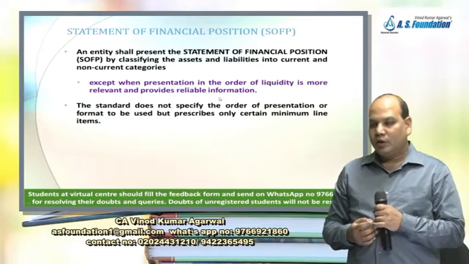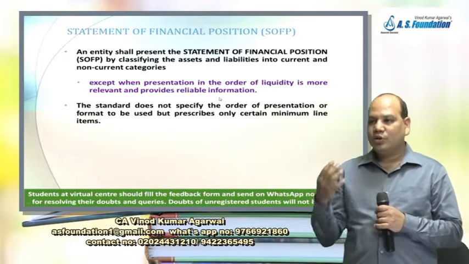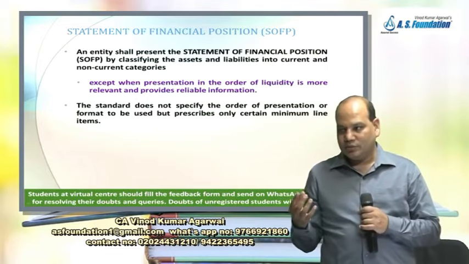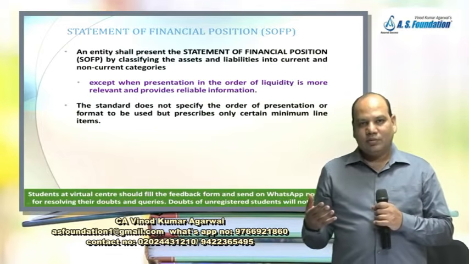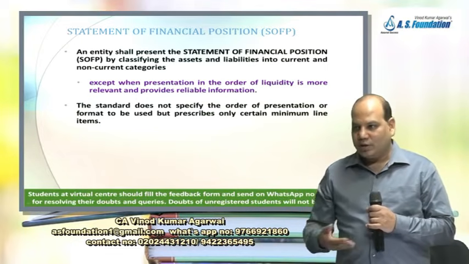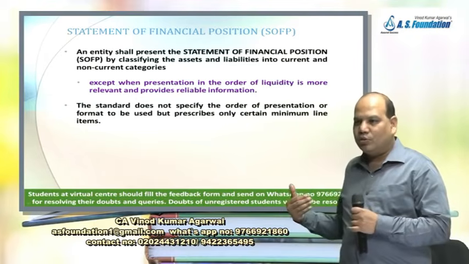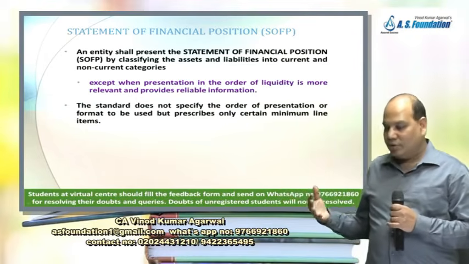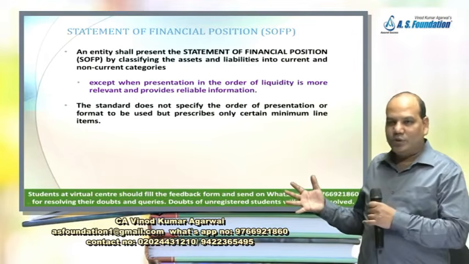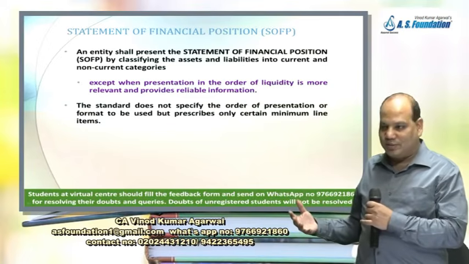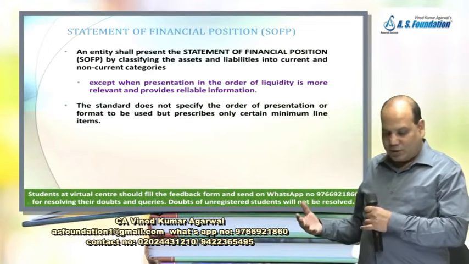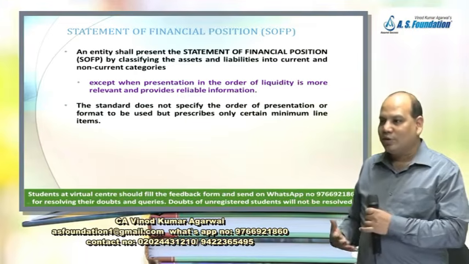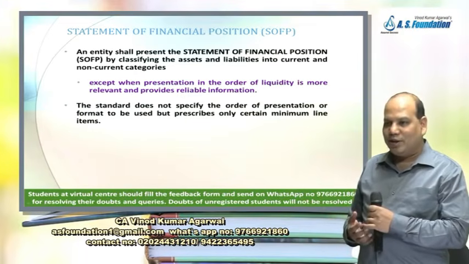If it is in the order of liquidity, then you will start with the most liquid asset, say cash in hand, cash at bank, say bank FD, like this, and go towards the end where the item is least liquid. For example, let's say intangible asset. Okay. Practically, I have not come across any entity following this liquidity presenting. Very rarely.